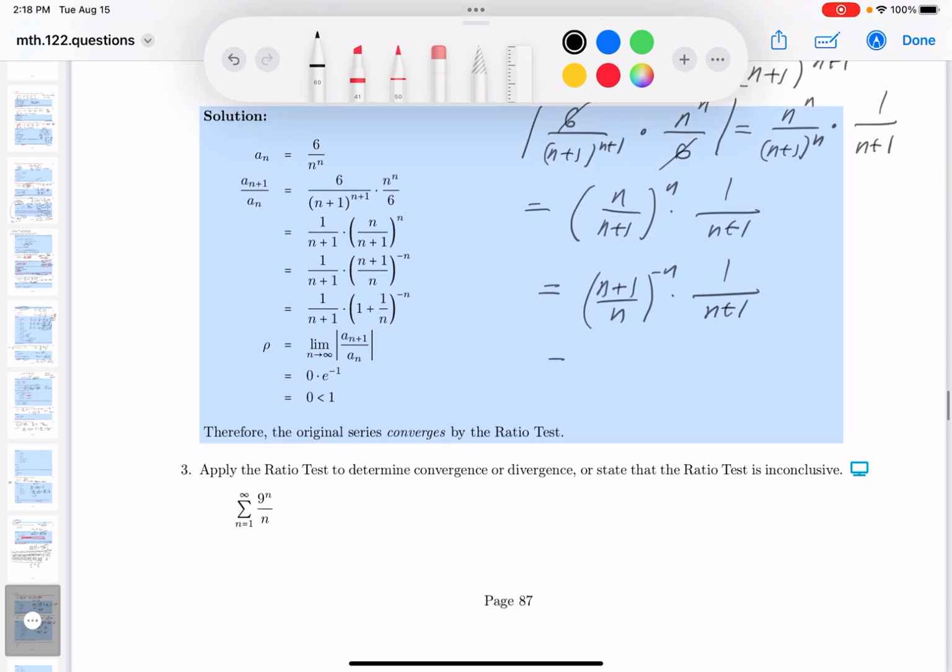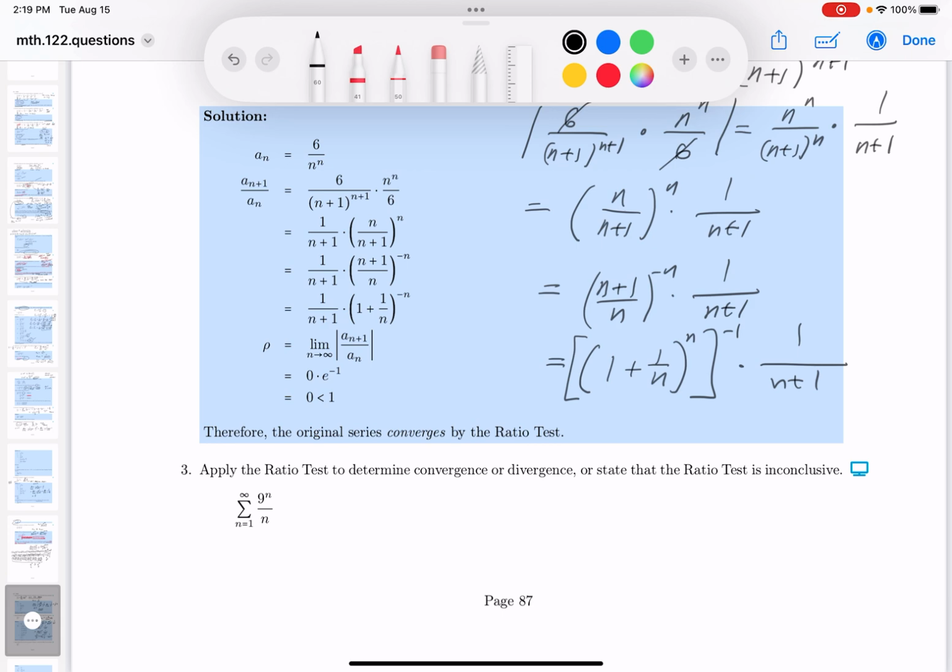Now why am I doing that? I'm looking for something I recognize. And that's going to be 1 plus 1 over n, I'm going to put it to the n. Whoops, sorry about that. It's on an n. And then raise that to the minus 1 times 1 over n plus 1.